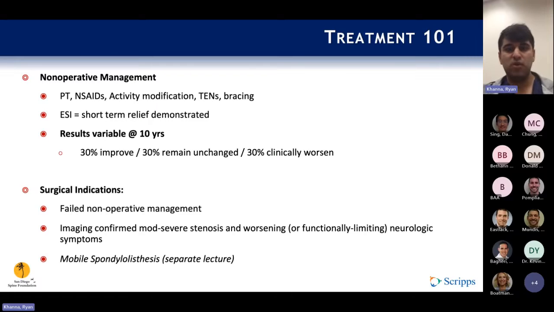Treatment for any sort of lumbar spinal stenosis, whether it is neurogenic claudication, lateral recess stenosis, or central canal stenosis, always starts with non-operative management in the absence of a frank neurologic deficit. PT, NSAIDs, and activity modification are all things you want to prescribe patients when they first come to see you in clinic, especially if they are presenting for the first time.